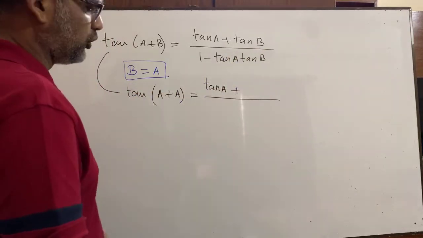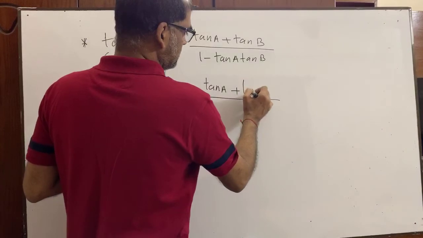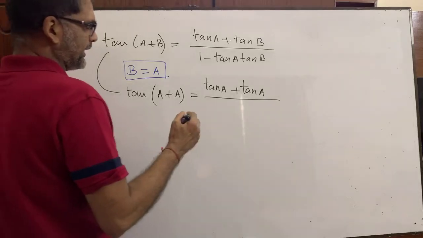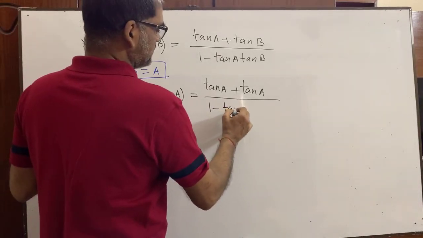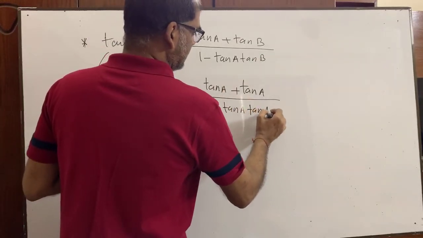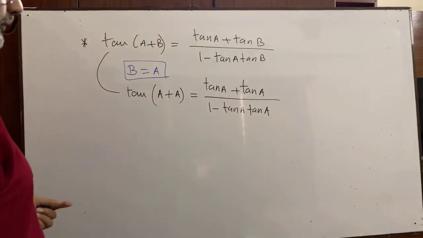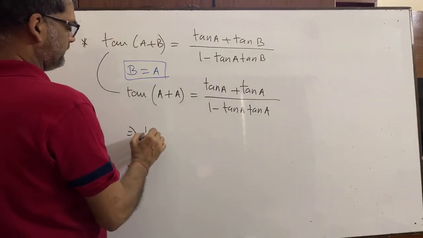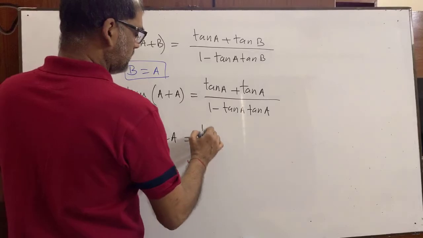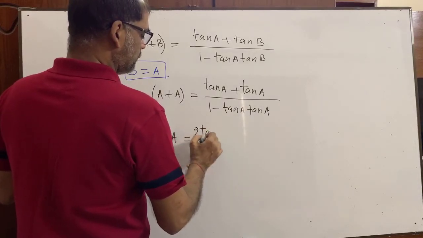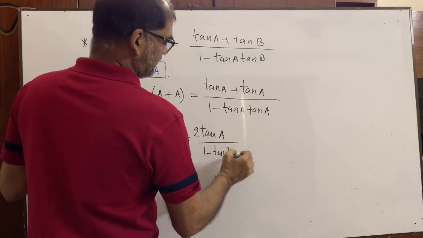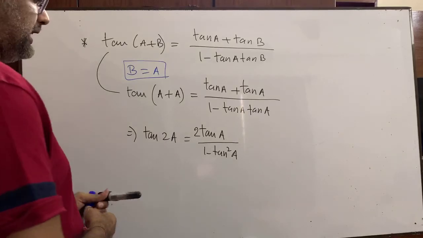Tan B. Tan B means what? Tan A. Tan B means tan A. Then in the denominator 1 minus tan A, it is tan B. Tan B means what? Again tan A. Have you seen? That is tan twice A is equal to 2 tan A by 1 minus tan square. This is another formula.